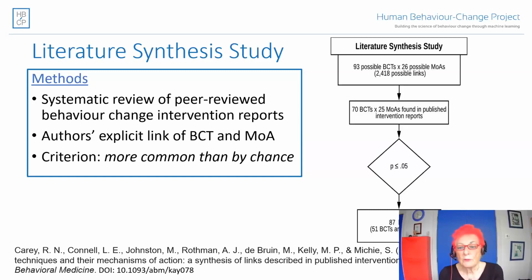That gave a possibility of 2,418 links. We found 70 BCTs and 25 mechanisms of action in the published reports. And when we looked at the number that were links beyond chance, we found 87 links involving 51 BCTs and 24 mechanisms of action.